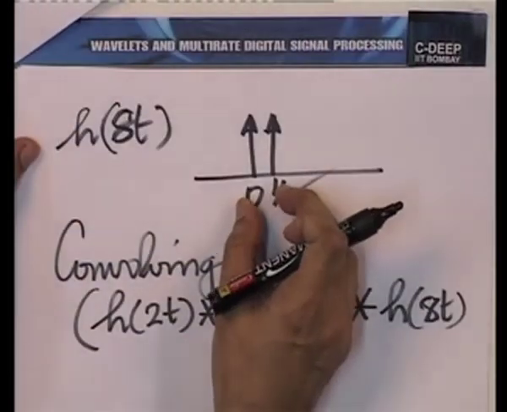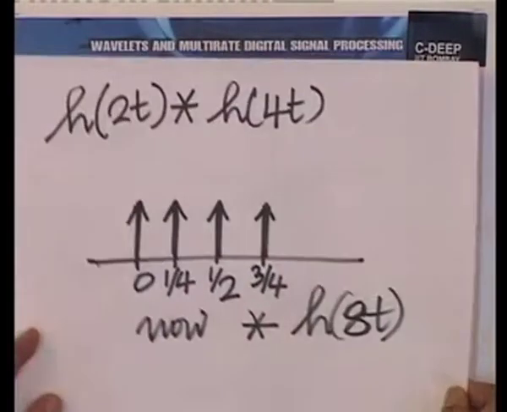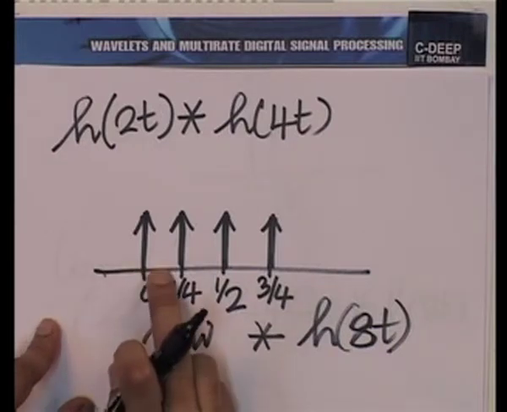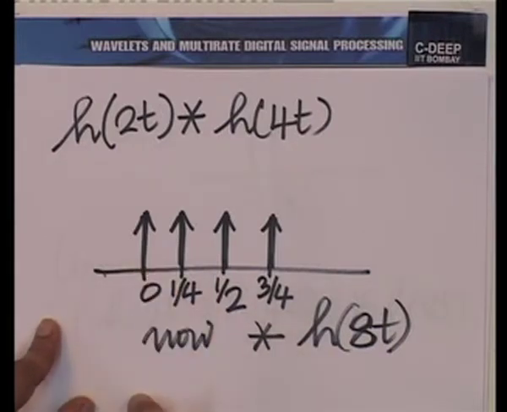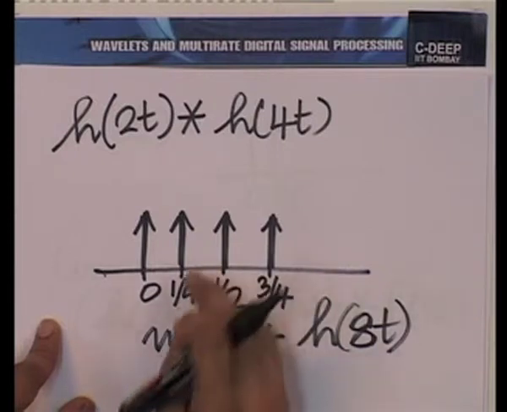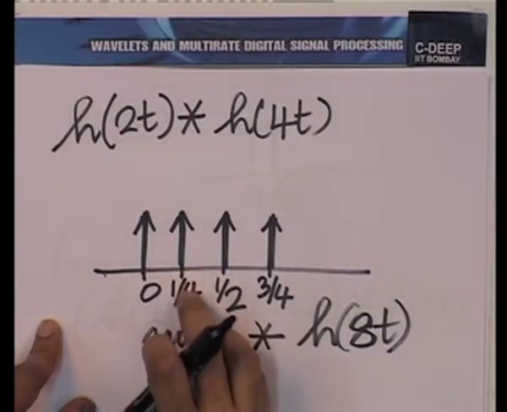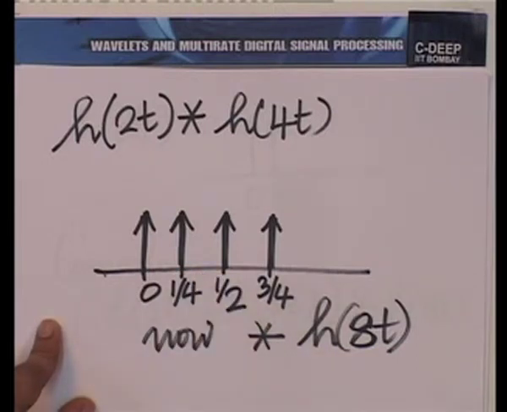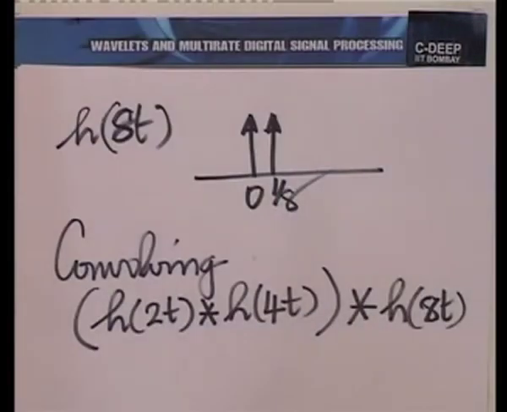Now, when you locate H of 8 t here, you will get an impulse at 0 and 1 by 8 here in the middle. When you relocate H of 8 t here, you will get an impulse here and at 1/4 plus 1/8, that is 2/8 plus 1/8, 3/8. So, let me straight away now draw.